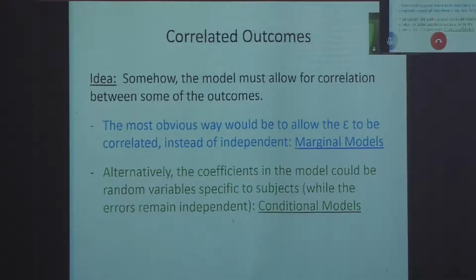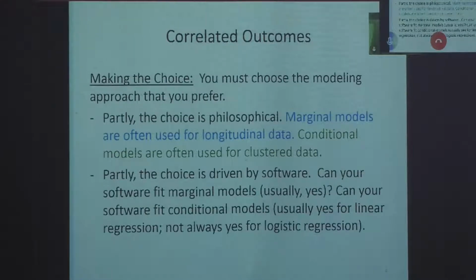So without worrying about the minor choices, how do you choose between these 2? Partly it's philosophical. So I need to sort of show you both approaches, and then we can come back to this issue later on. Just a matter of really purely your preference philosophically, how to incorporate the correlation.